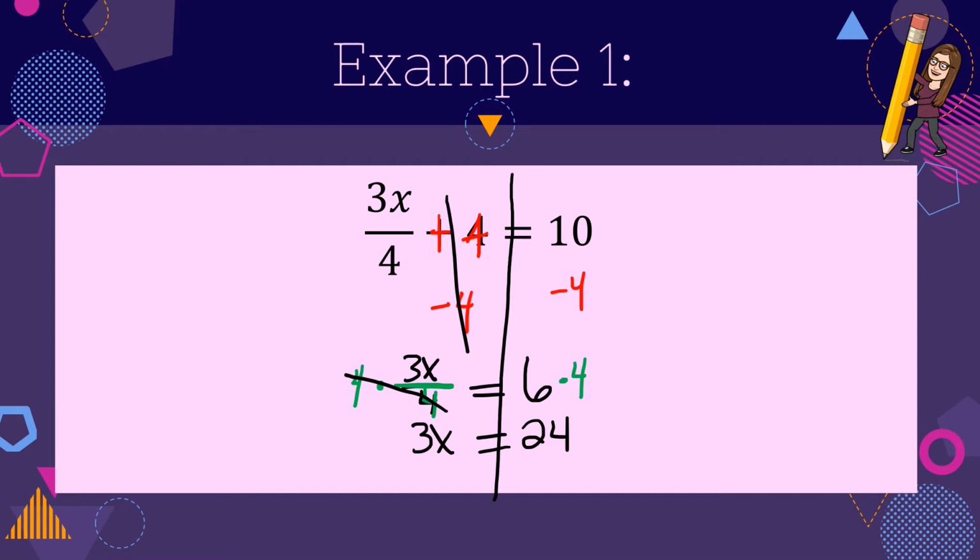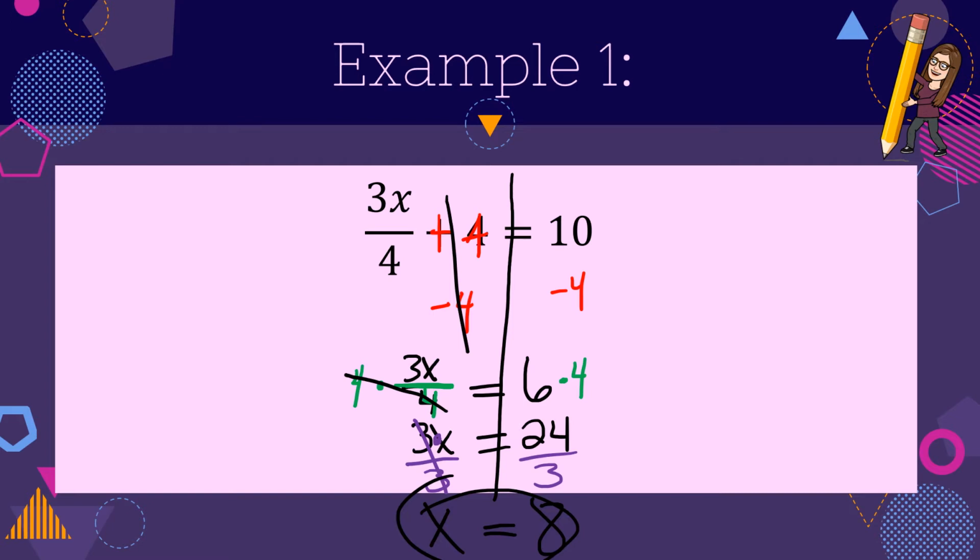Your last step will always be the easiest because it's going to be the clearest thing to do. Instead of 3 times x, we're going to undo it by dividing by 3. Kind of ran out of room here, so take a look. The x would fall down, the equals would fall down, and 24 divided by 3 gets me to 8.